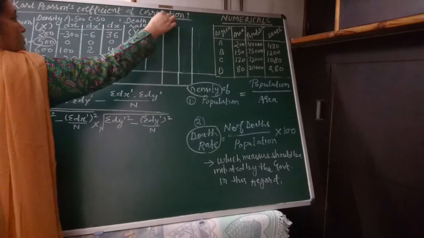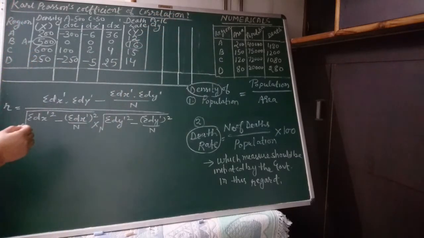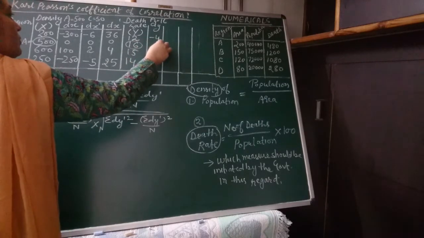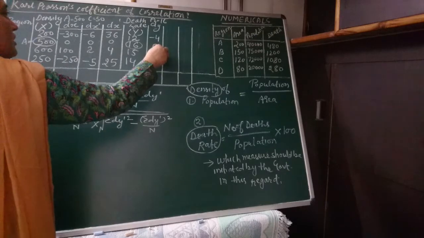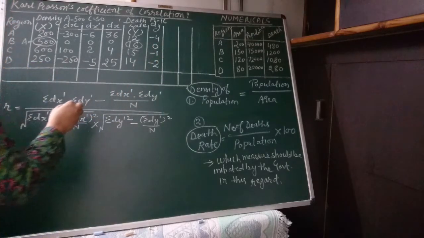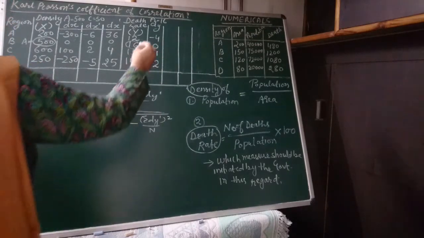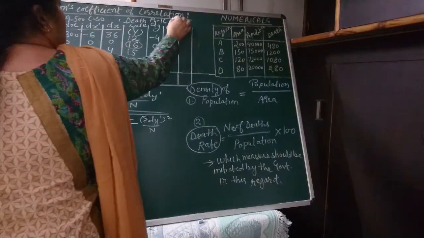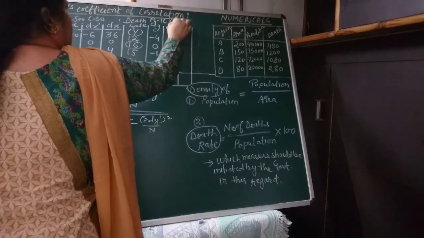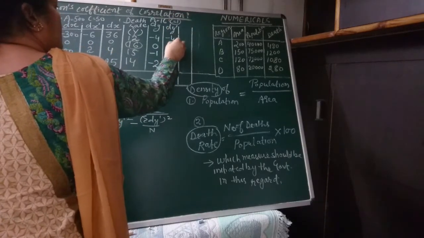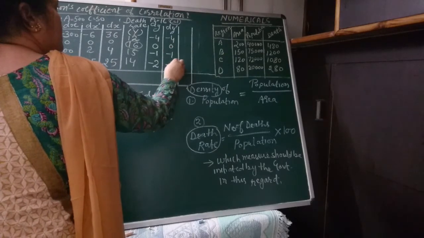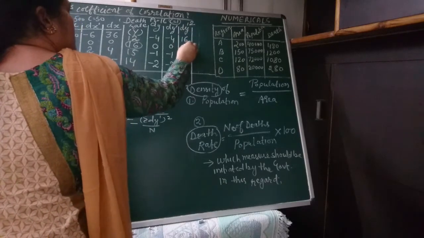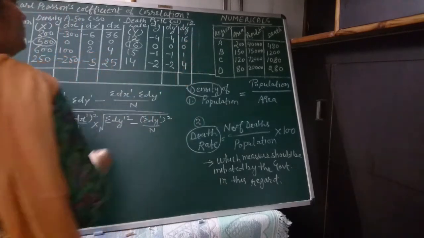A is equal to 16 and the calculations will be 12 minus 16, minus 4, 0, minus 1 or minus 2. Then for the calculation of dy dash, nothing is common, so the common factor would be equal to 1: minus 4, 0, minus 1, minus 2. Then for dy dash square, 16, 0, 1 or 4.